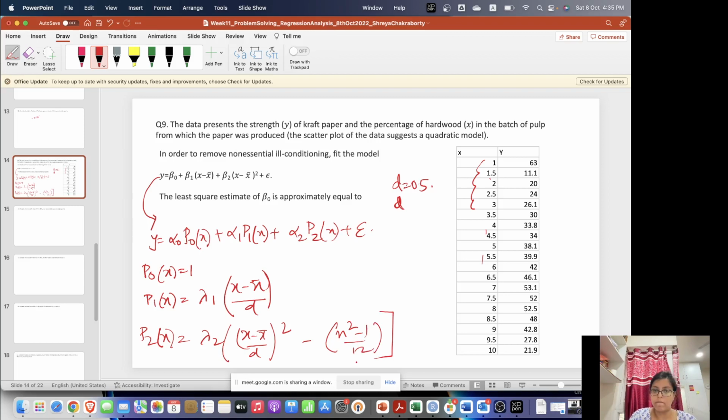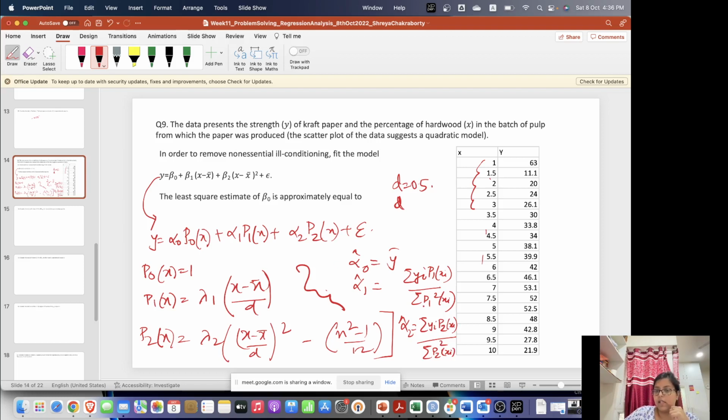Okay, so now solving these, we know that alpha naught hat is nothing but y bar, alpha 1 hat would be summation yi p1 xi by summation p1 square xi, and alpha 2 hat would be summation yi p2 xi by summation p2 xi square.